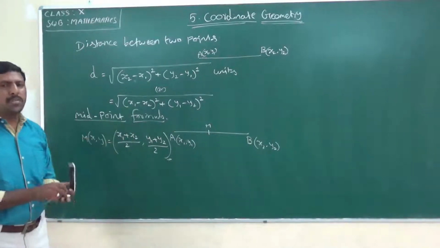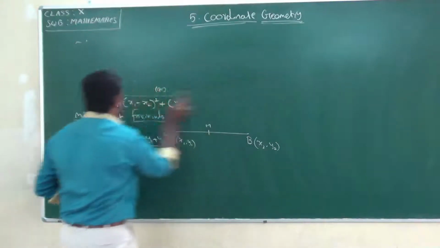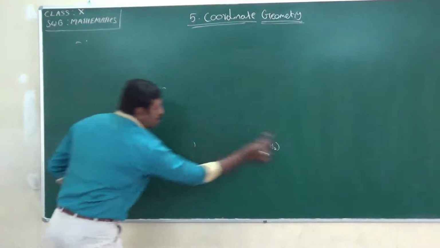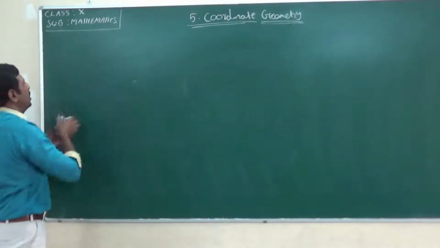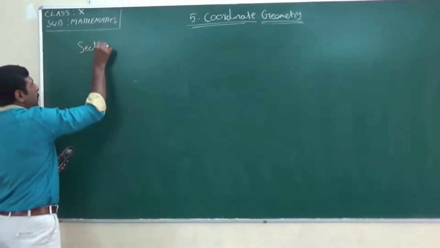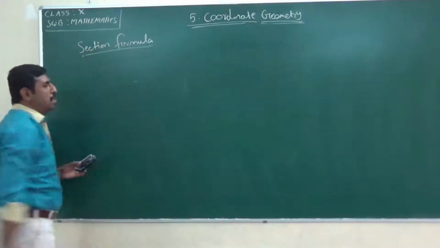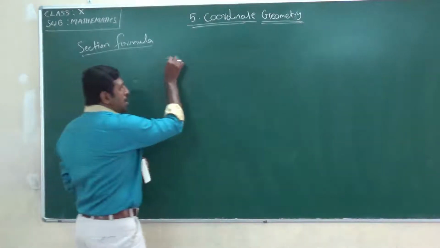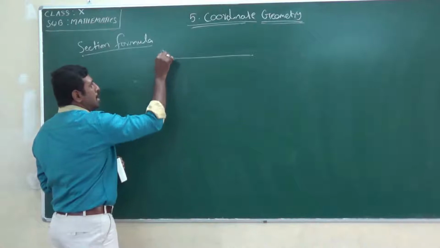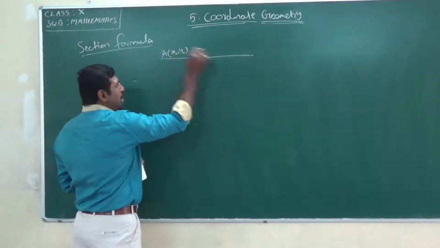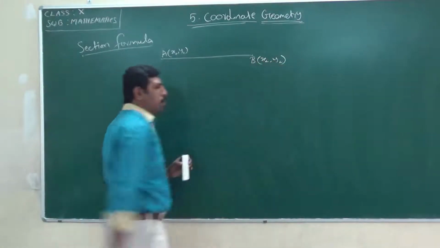Now we see the section formula. In the section formula we have internal and external ratios, right? If the line has two points, one point is A, x1 comma y1, and the B point is x2 comma y2.